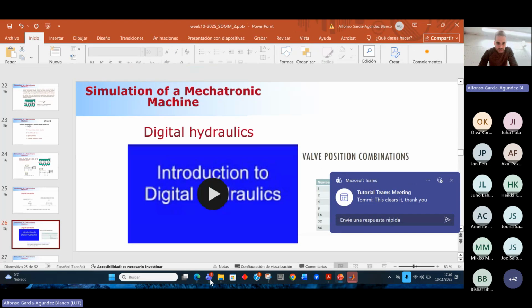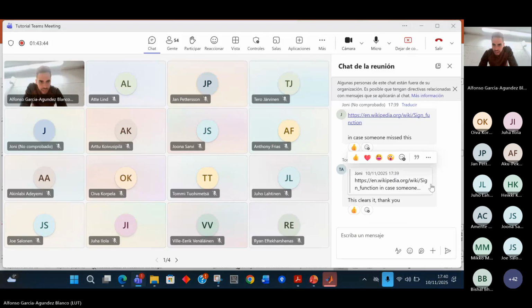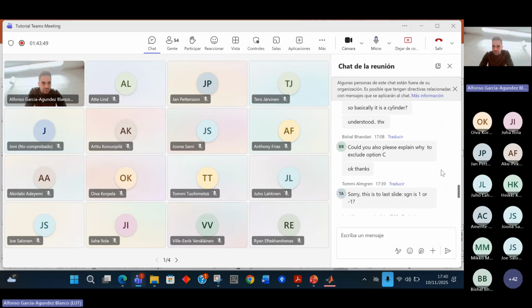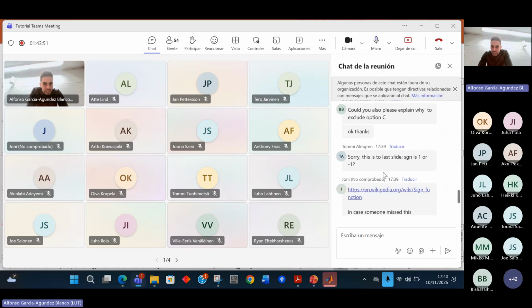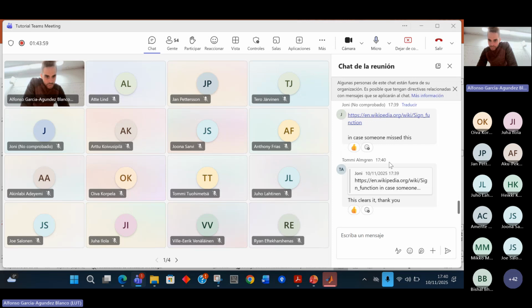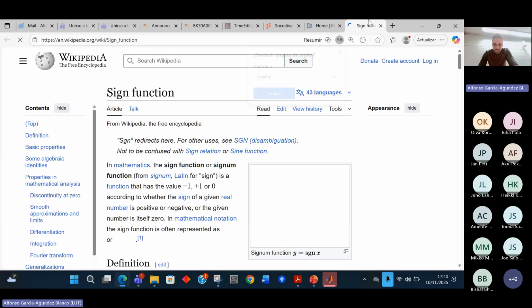Let me check because we have some questions before the video. In case, sorry, I didn't see the question, Tommy. I apologize for that. This is about the last slide, the sign function. Yes, exactly. The sign function is either 1 or -1, and you can open the sign function on Wikipedia. Let me clarify it in case somebody has some doubt.